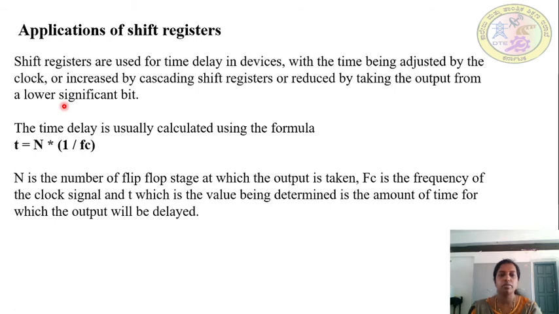The time delay can be calculated using the formula T = N × 1/Fc, where N is the number of flip-flops at which the output is taken, Fc is the frequency of the clock signal, and T, the value being determined, is the amount of time for which the output will be delayed.